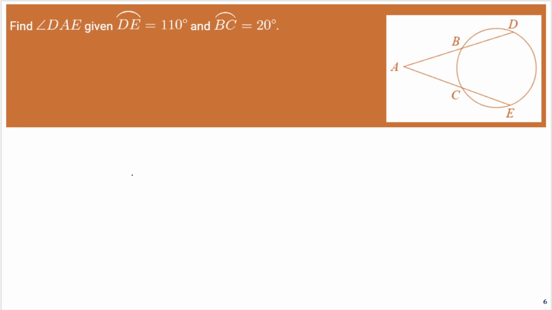Can you find angle DAE? Which basically means if you know this arc, if you know this arc, then you can express this angle in terms of these two arcs. Again, if you finish, please give me an answer in the chat box, okay?